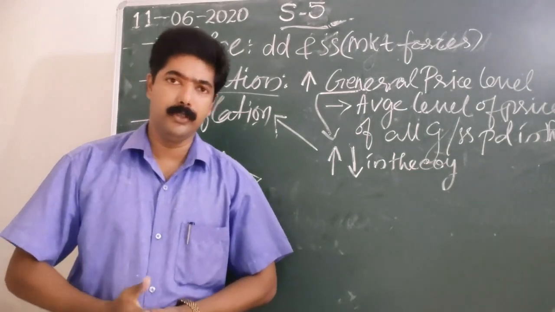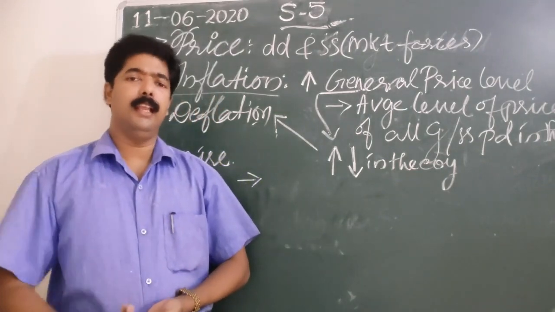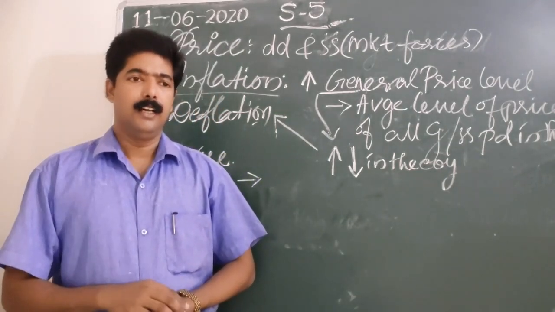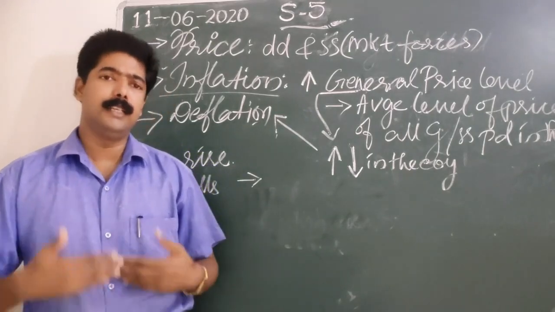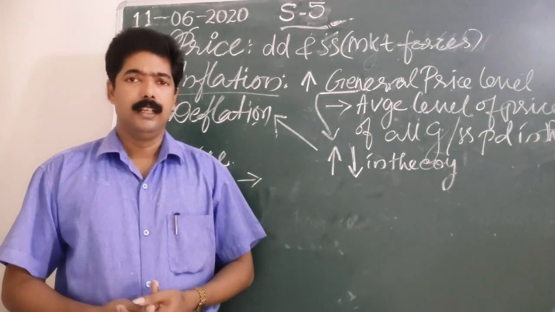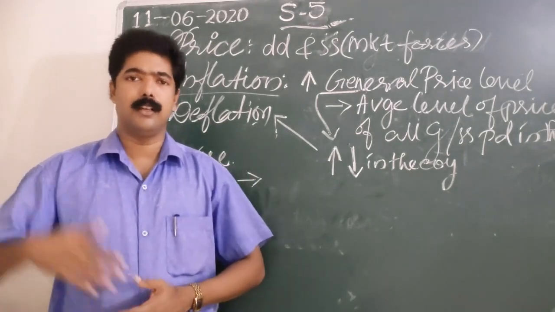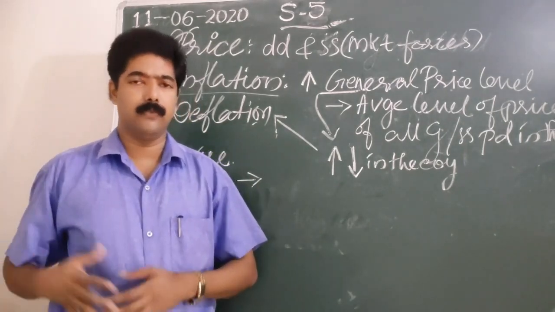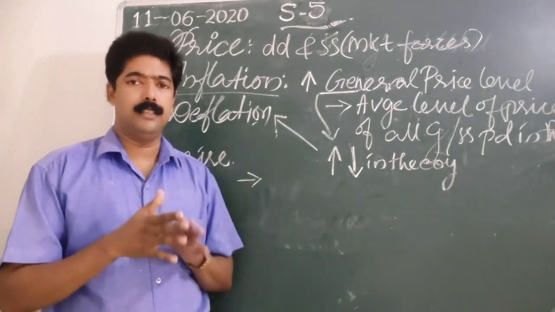It is a task for you, and you need to do it without fail. Not immediately after the class, but whenever you are free, after you are relieved of the tension of the remaining class 10 examinations, you can complete this work.